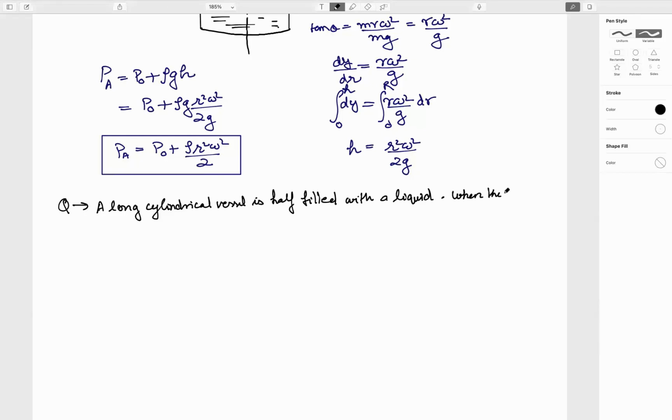When the vessel is rotated about its own vertical axis, the liquid rises near the wall. I don't know the year.